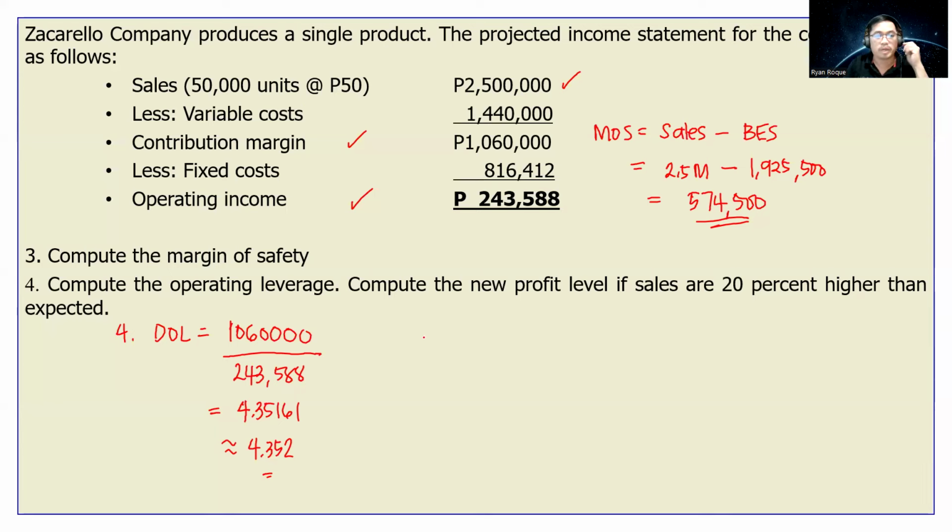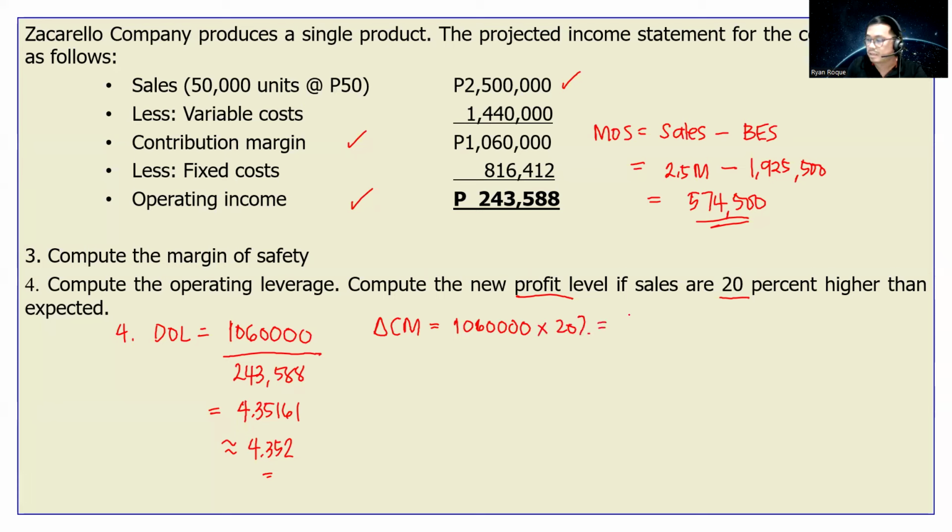Okay, this time we are asked to compute for the new profit level if sales are 20% higher than expected. So again, we get the difference in your CM. The CM is, remember, 1,060,000. Multiply it by 20%.